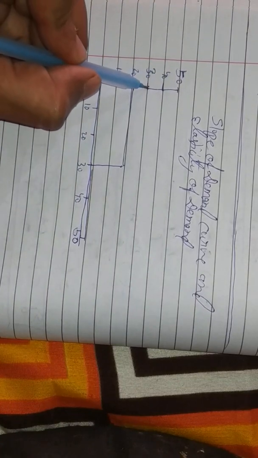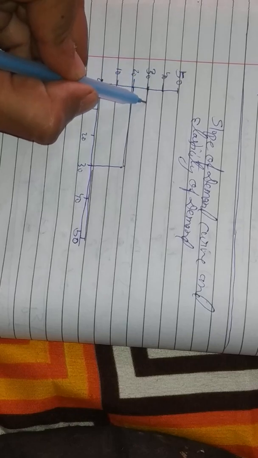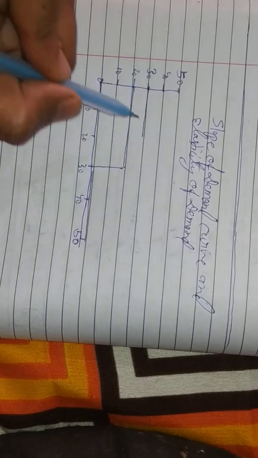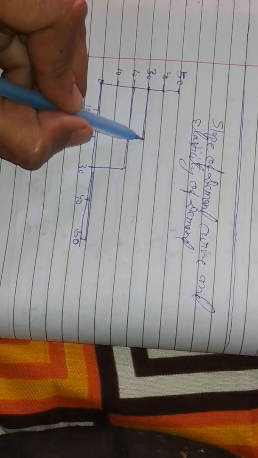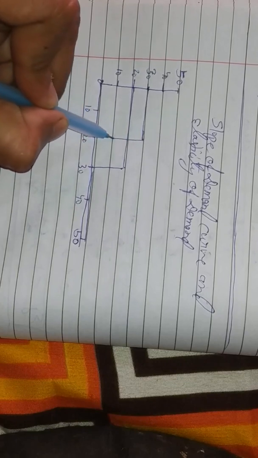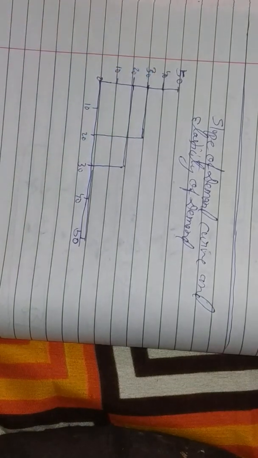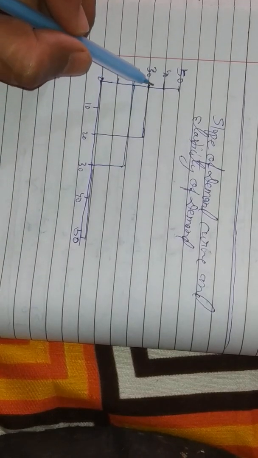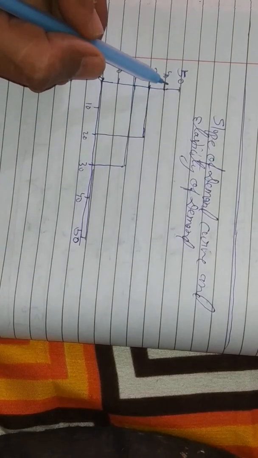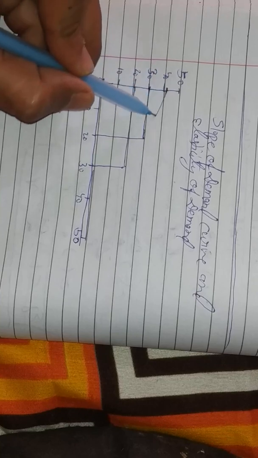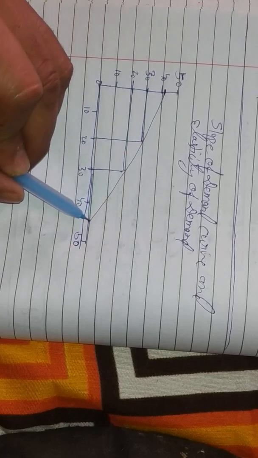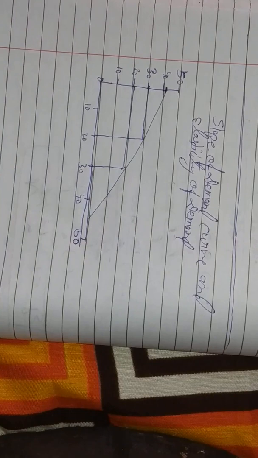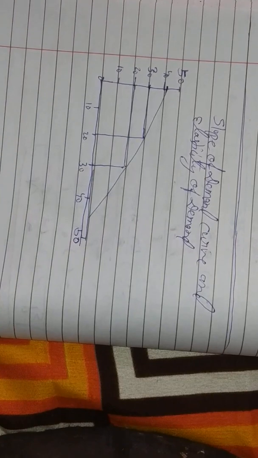The quantity demanded would go down. Maybe it goes down to 20. So it will be in this way. This is the slope of demand curve.